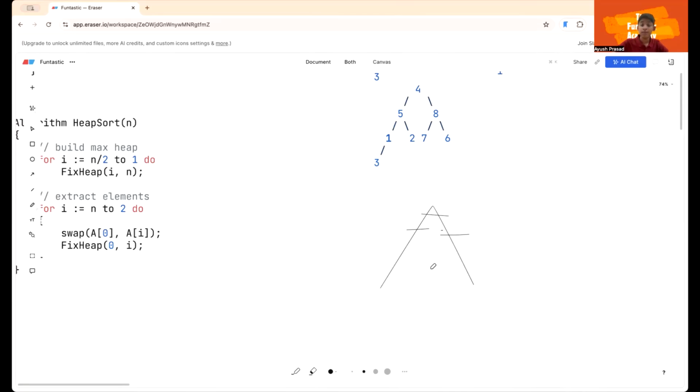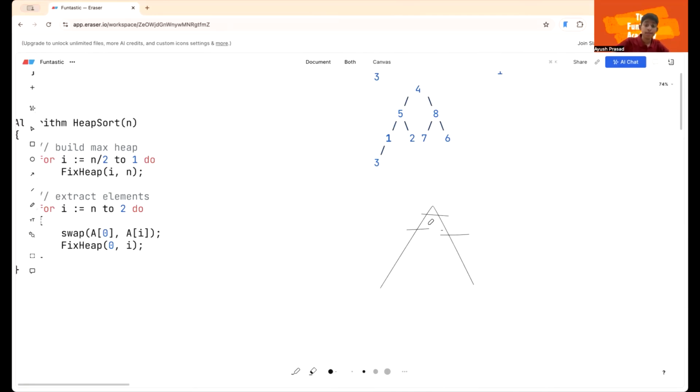But because we know the left half and the right half are already fixed, we know that the biggest number in the two halves must be these two. So the biggest number in the whole portion must be one of these three. So to fix the heap property, all we need to do is find the biggest of these three and put it at the top. Simple, right?